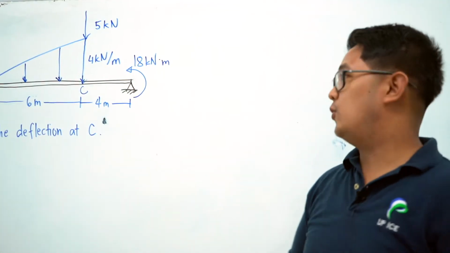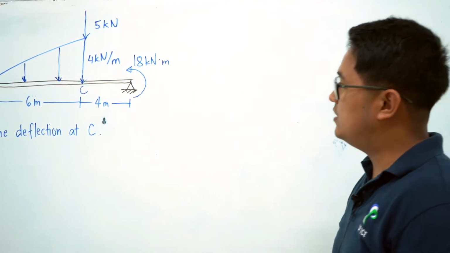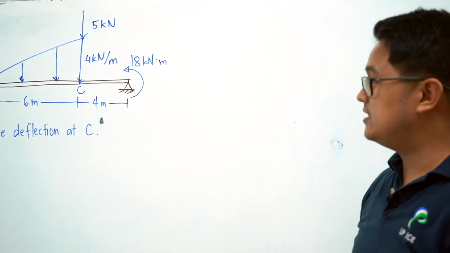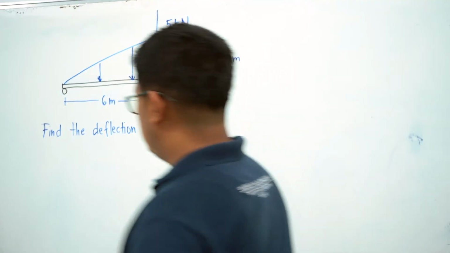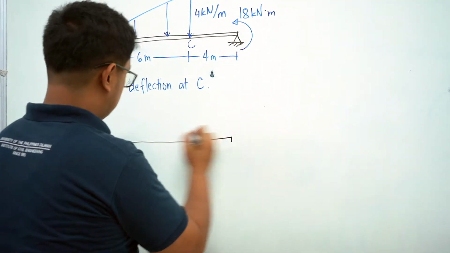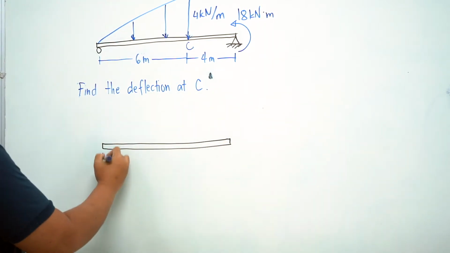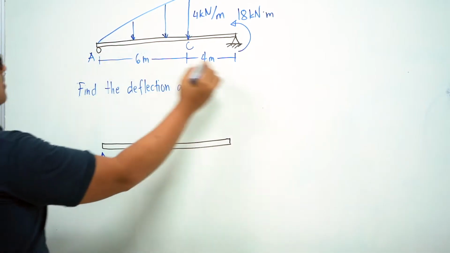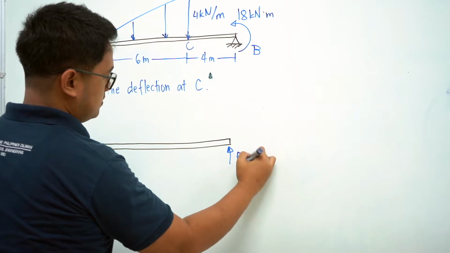method. So in using area moment method, the first thing we need to do is to solve for the support reactions using statics. So if we draw the free body diagram of our beam, it will look something like this. So we have a reaction at this roller, let's call RA. This is point A, point B. Then we have another reaction at RB.